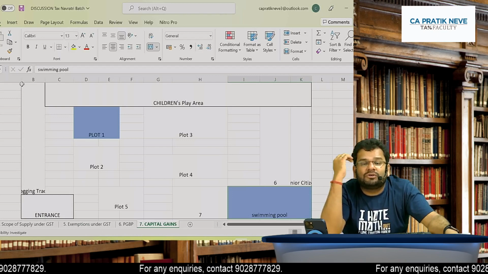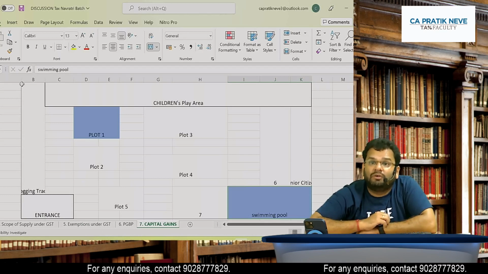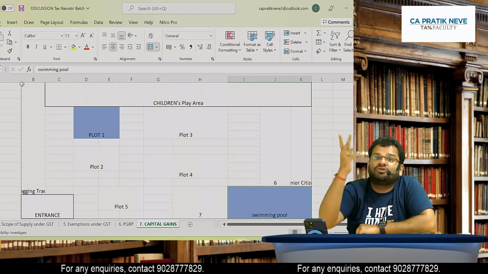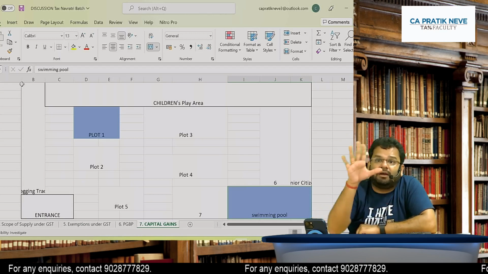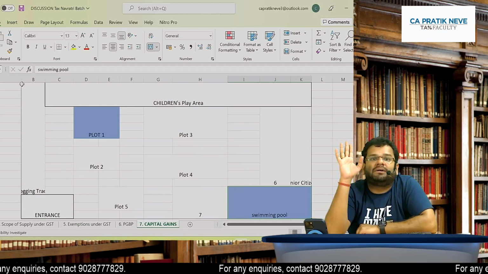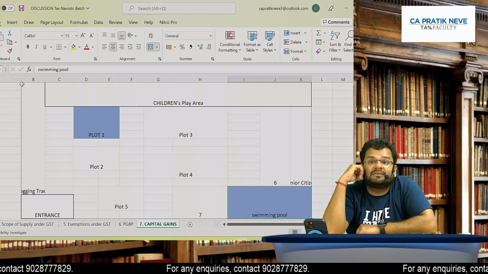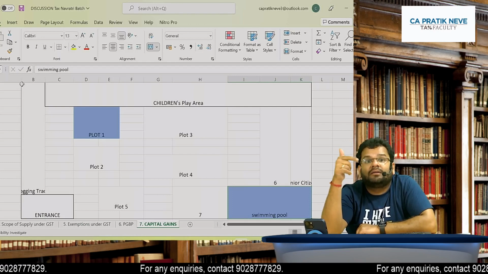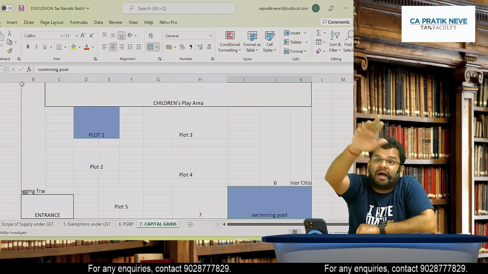But the good news for the taxpayer is that in 16-17, when conversion happened, tax is not payable immediately. They say, okay, we are recognizing your capital gains, but don't pay tax now. When to pay the tax? When the converted land is actually sold.